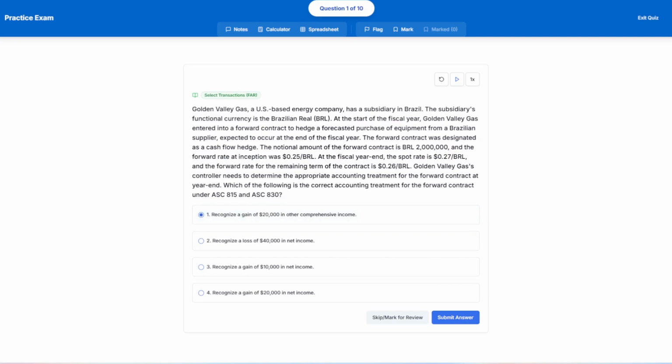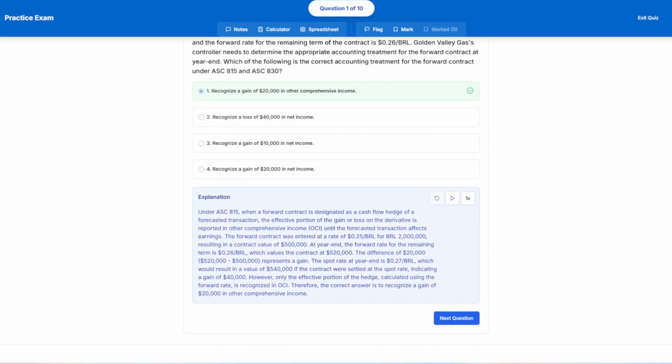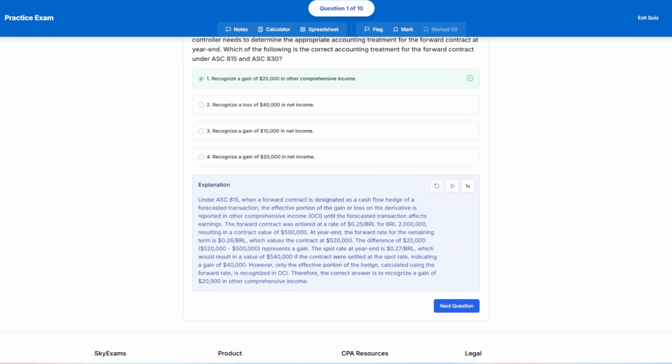This answer adheres to the principles laid out in ASC 815 for cash flow hedges, ensuring that the effective portion of the hedge is appropriately recognized. For exam success, remember that distinguishing between what goes to OCI versus net income is crucial when dealing with hedges. And remember, nothing screams excitement quite like a perfectly hedged, forecasted transaction.